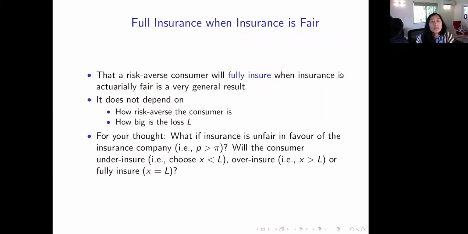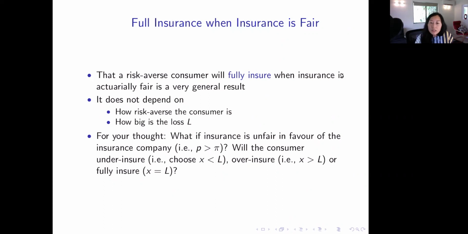But it does not depend on how risk-averse the consumer is or how big is the loss. So it doesn't depend on how big is the loss, how big is L, or how much they hate risk. It just says that, okay, if you're risk-averse, doesn't matter, you are very highly risk-averse or a little bit risk-averse, as long as the insurance is fair, then a risk-averse consumer will always choose to fully insure.